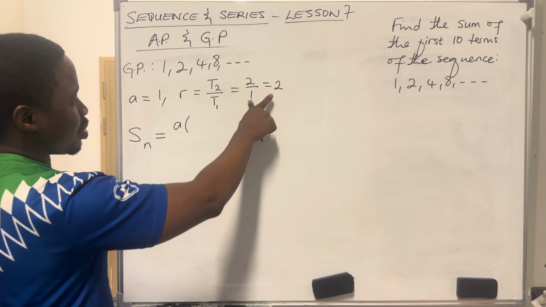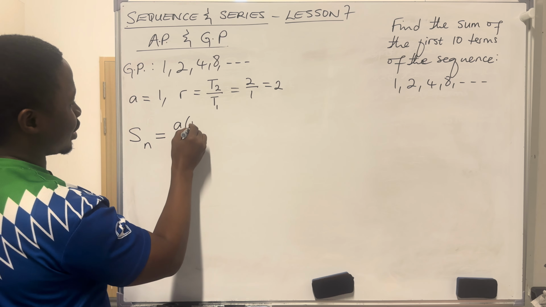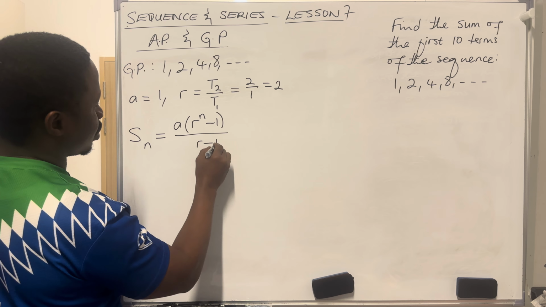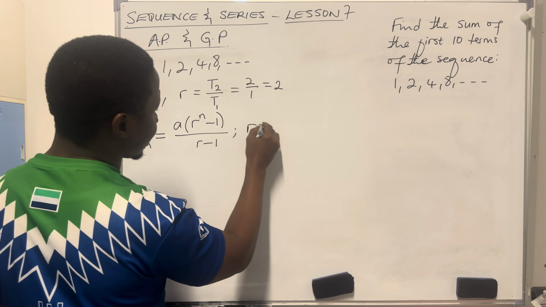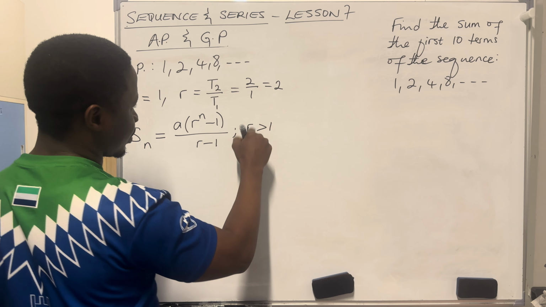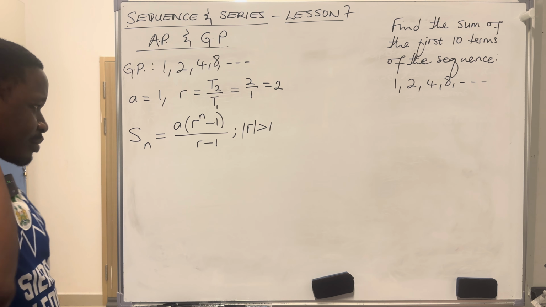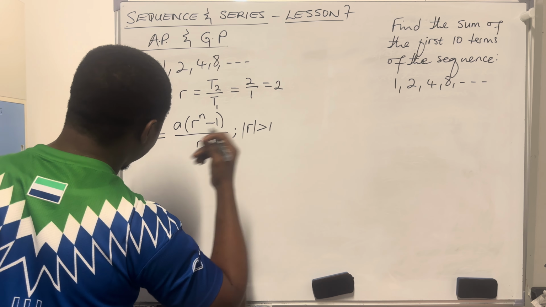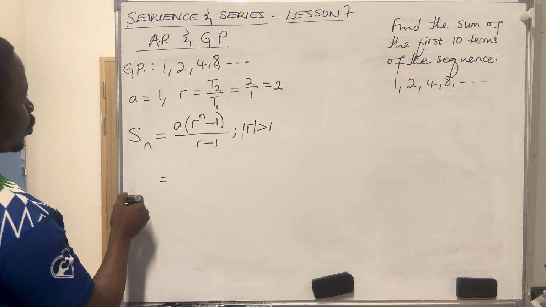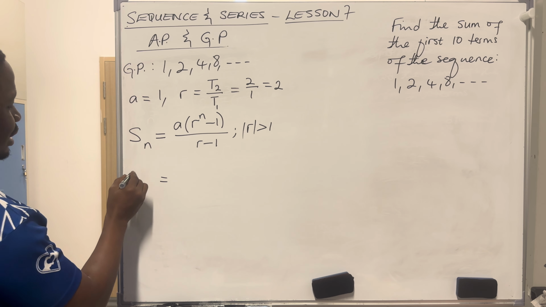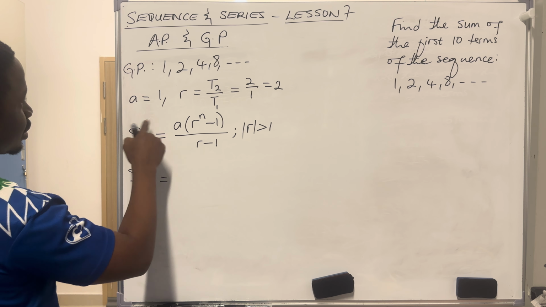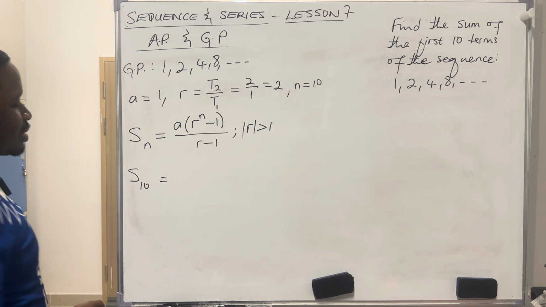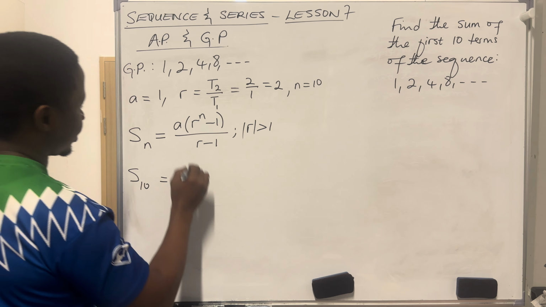Do not forget: because r is greater than 1, you start with r. How many terms do we want to find? The first 10 terms. So n is 10, replacing n.